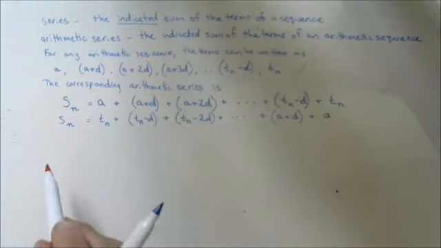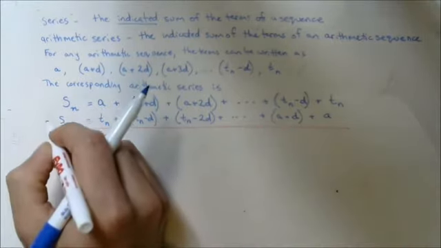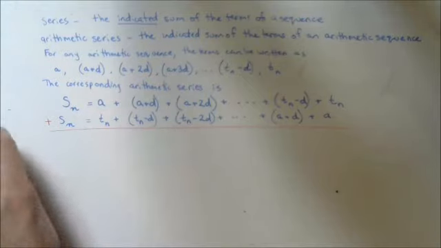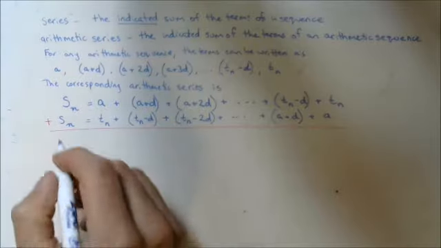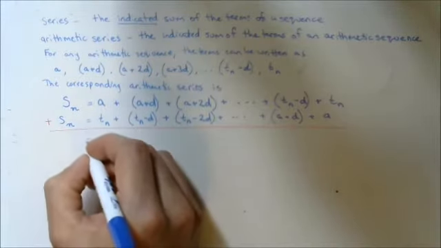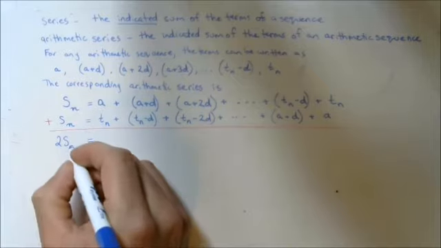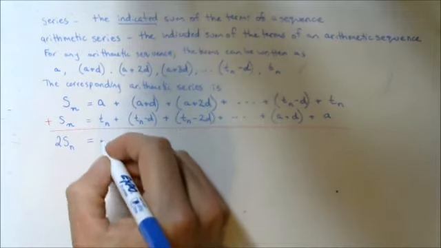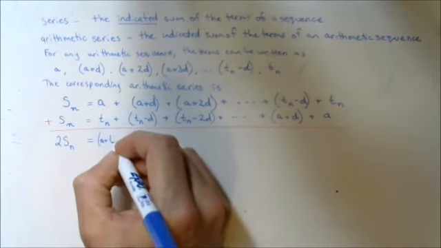Now what we're going to do, just like we did in the investigation, is add the terms of these series up. Which means on the left of our equal sign, we have 2 times the sum of the series. And here we have a plus t sub n.